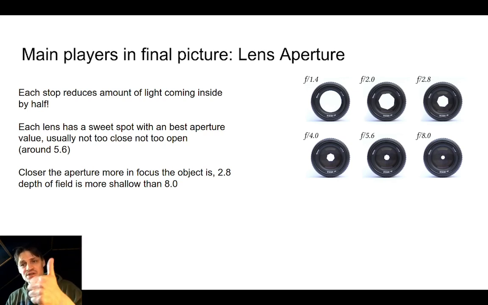If you want a very defocused image, one of the things you would probably like to do is open your aperture. Open apertures would be, for example, 1.4, and very closed would be 8, 16, or 22 when we're going quite crazy, for example when you're shooting outside.